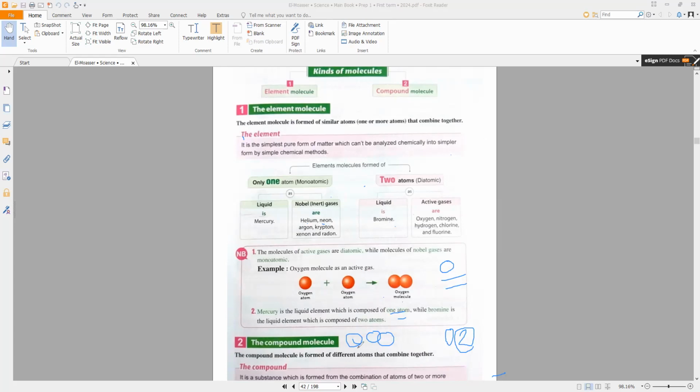Which one is mercury? One or two? The mercury is this. Why? Because mercury consists of one atom. But bromine is this, because bromine consists of two atoms.